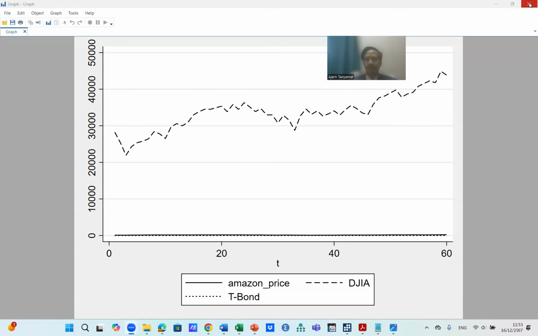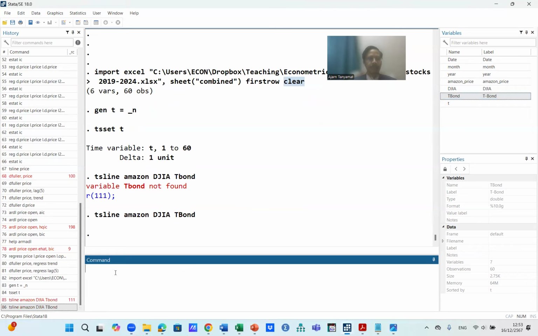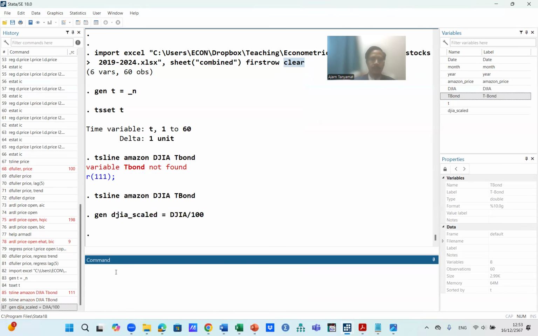Okay. So what I'm going to do is to scale them. Okay, I'm going to gen DJIA scaled equals DJIA divided by 100. Okay. And I'm going to gen T-bond scaled equals T-bond times 100.